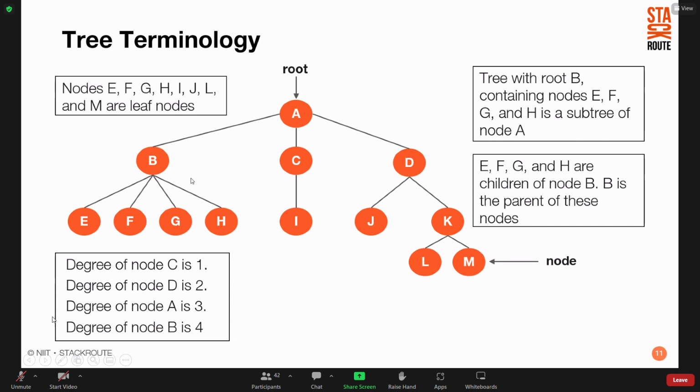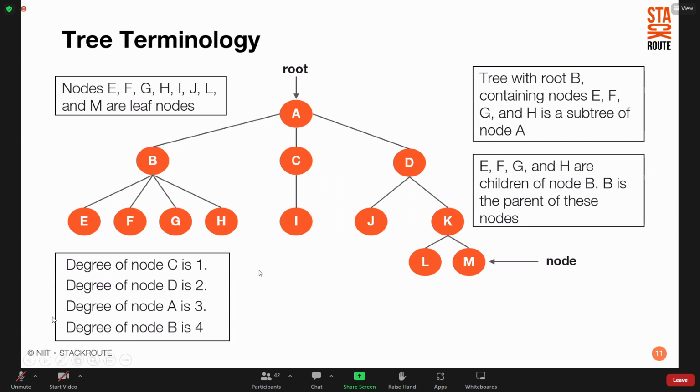So everything is denoted by the term node. Every block where I'm holding and connecting is called a node in my tree. But the node which does not have further children is called a leaf node.